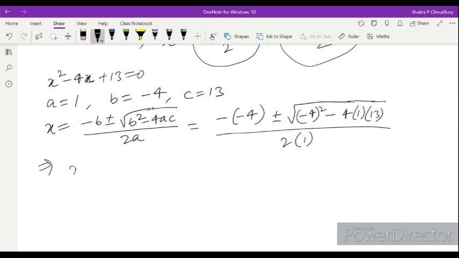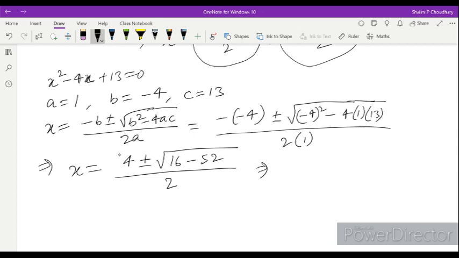Okay, so roots of x will be equal to minus of minus 4 will be plus 4 plus minus square root of minus 4 square will be 16 minus 4 into 13, 13 4s are 52, divided by 2.